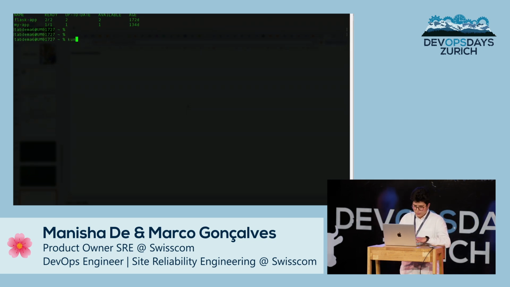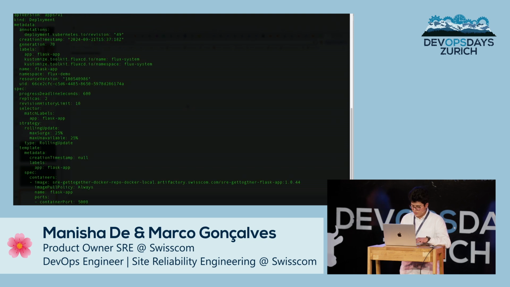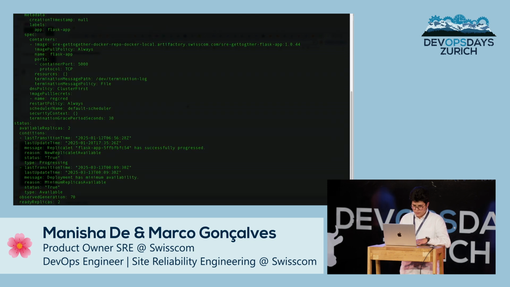So let's just do Flask app. Okay, let's do it. And you see we have the number of replicas set to 2. I try to upgrade it to 3, and let's see what happens.